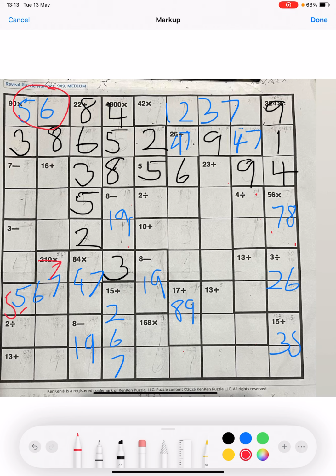If I had a 7 there, I'd have 5 and 6 between row 7, column 1, row 7, column 2. I could swap this 5 and 6 round and this 5 and 6 round and have two solutions. The KenKen shouldn't have two solutions. So the only way to do this, to avoid the two solutions, is to have 5 and 6 on opposite rows.